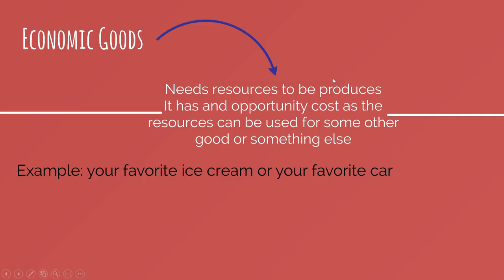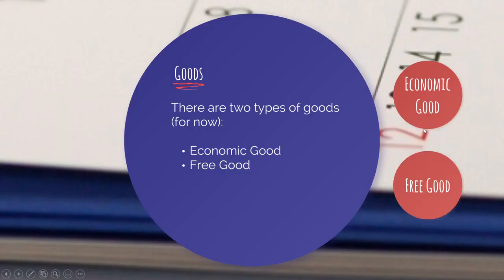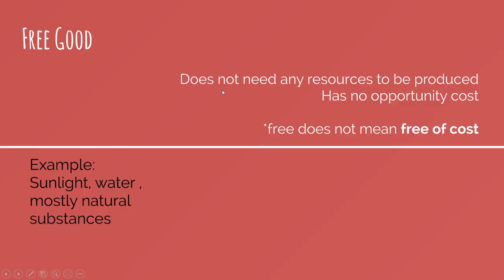Yeah, so let's check the other one, free goods. Free goods do not need any resources to be produced and have no opportunity cost. Free does not mean that it is free of cost. The example is sunlight. We don't need any resources for sunlight. We don't need any resources for water.